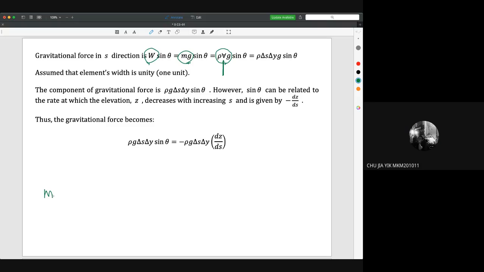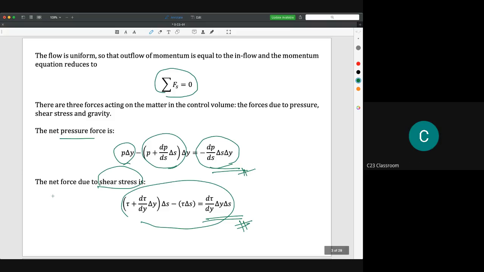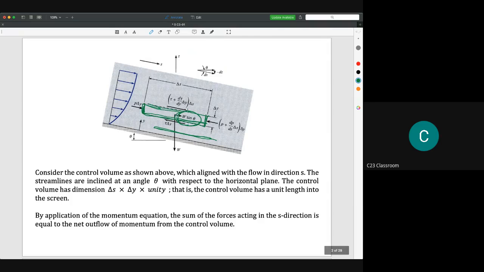How do you get the net force due to the shear stress? The shear stress net. We assume this is the positive one, and these act in two different directions. So we just add these two forces, and one should have a negative sign because force is a vector.